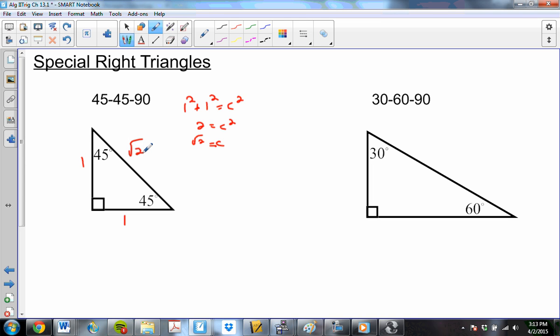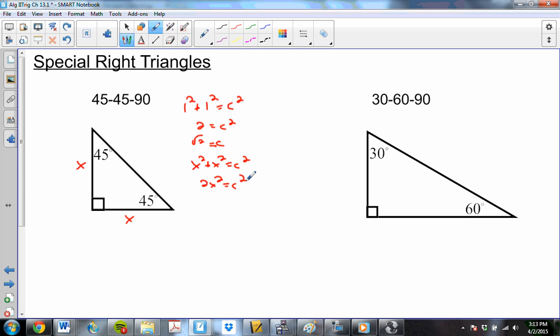But what's really more useful, instead of calling this 1 and 1, is to think about it like it could be anything. If this right here was any possible length, this here would be the same length, because it's a 45, 45, which means it's isosceles. Those two x legs are the same. Well, now I do x squared plus x squared equals c squared, which is really 2x squared equals c squared.